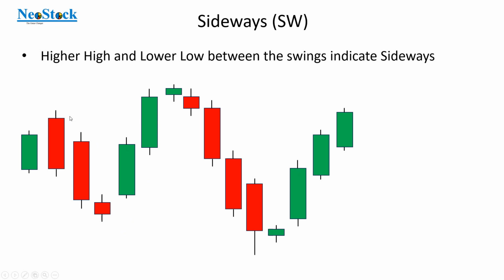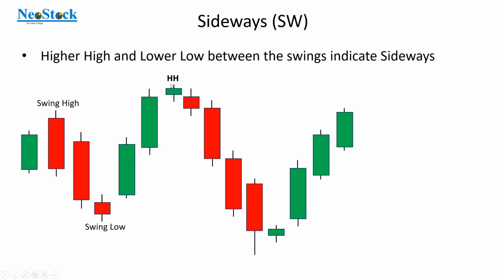Look into this example. We have a swing high here and we have a swing low here. Now in the next swing, compare the high with the previous high. So what kind of high are we having? This high is low and this high is high. That means the present swing high is higher than the previous swing high. So it is higher high, HH. Now look into the next swing. This is the recent swing.